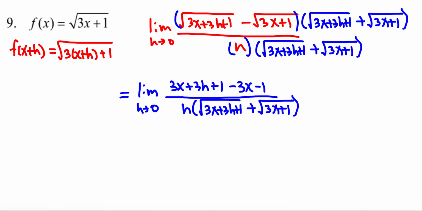Now we get to see that once again 3x cancels out and the 1 cancels out, then we have 3h left. So in other words, we have limit of 3h and then the entire denominator.